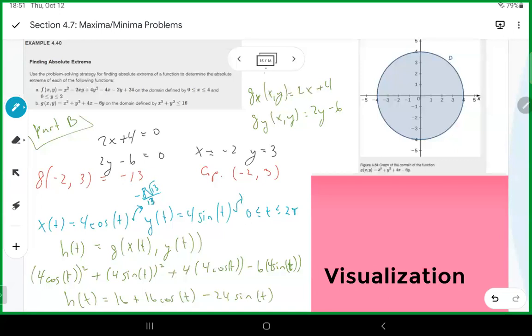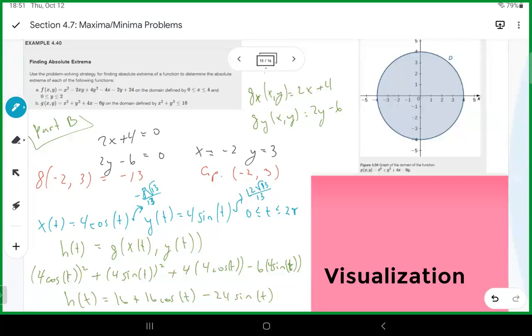And then y of t would be 12 square root of 13 over 13.